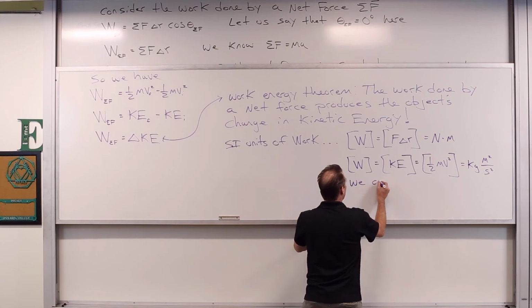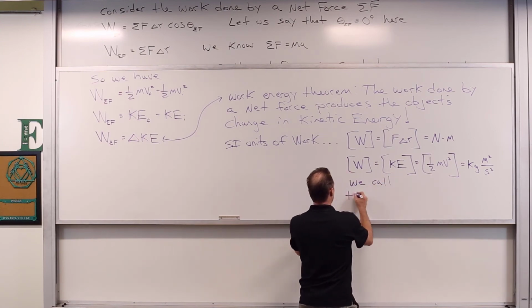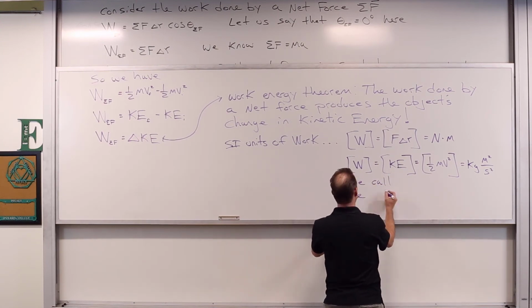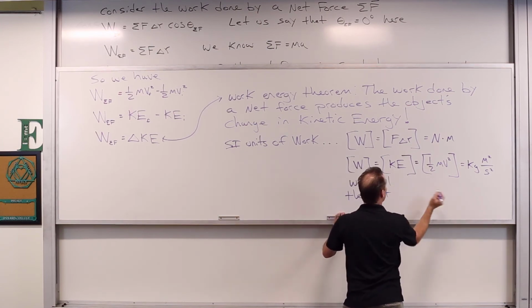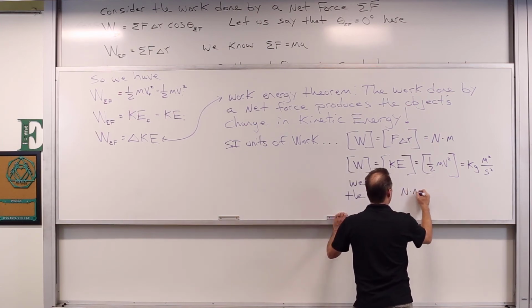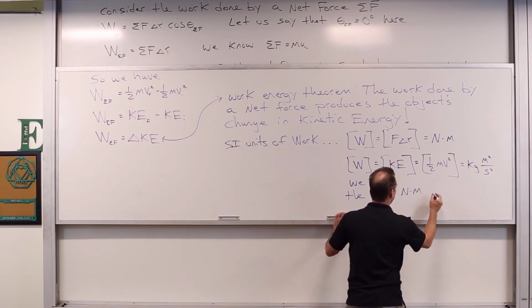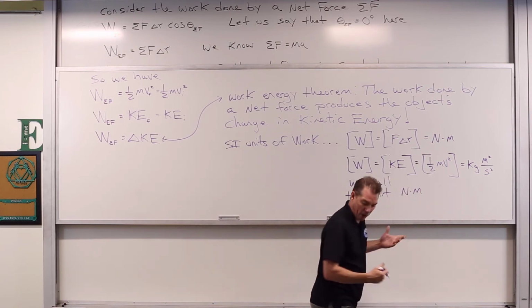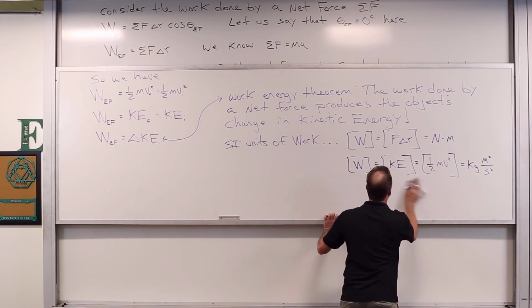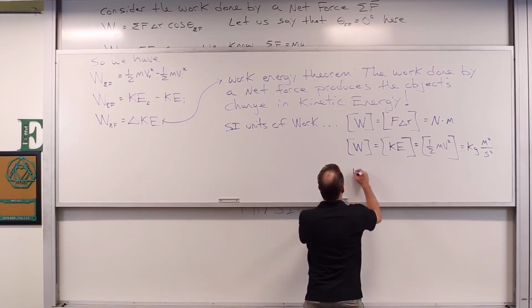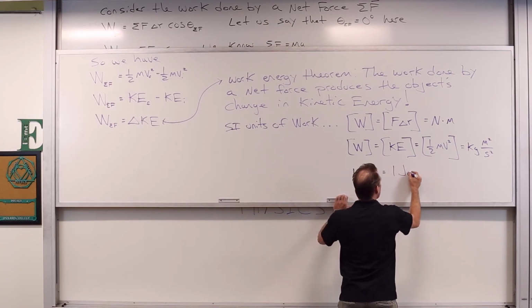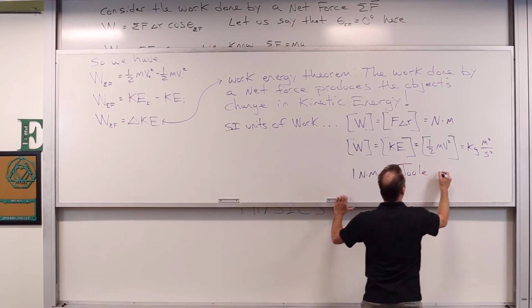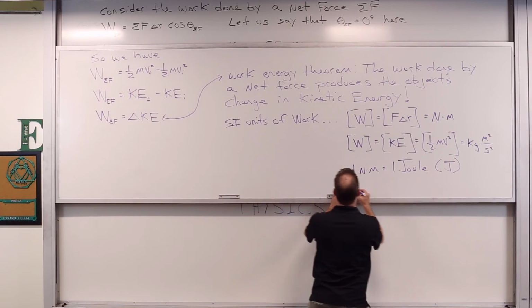So what do we get out of this? We call the unit Newton meters, 1 Newton meter, equal to 1 joule. Use capital J for the joule.